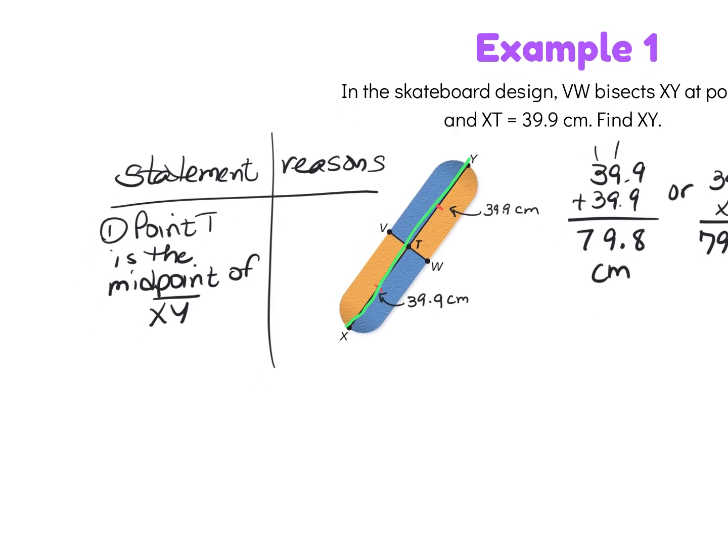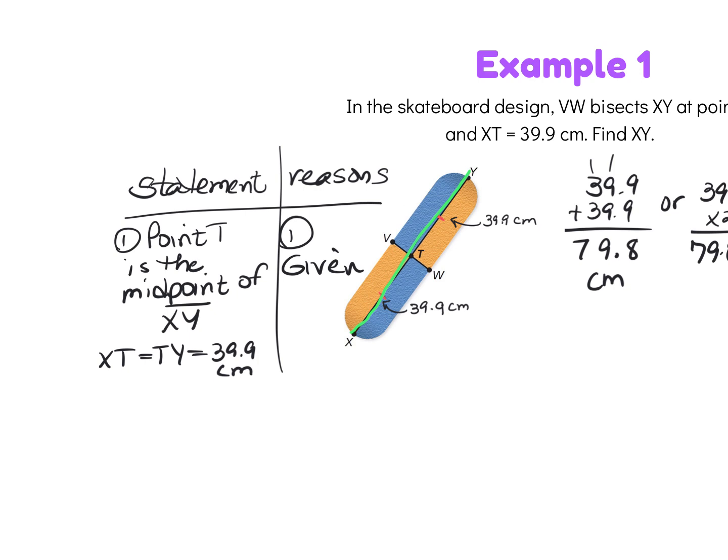And then I'm also going to give you that XT is equal to TY, which is equal to 39.9 centimeters. All of this is going to be given information, and that was what was given to us in the word problem.